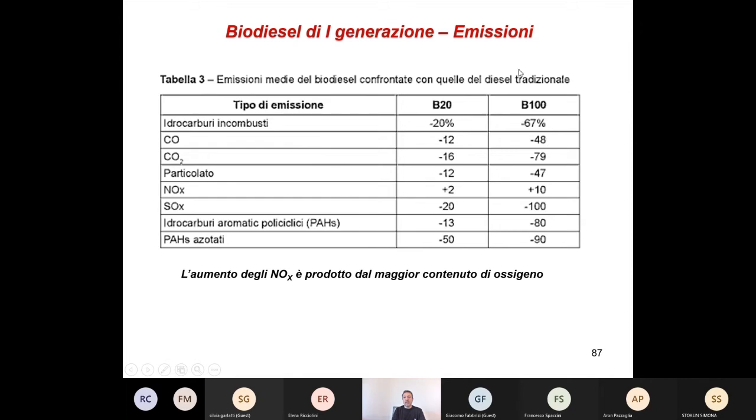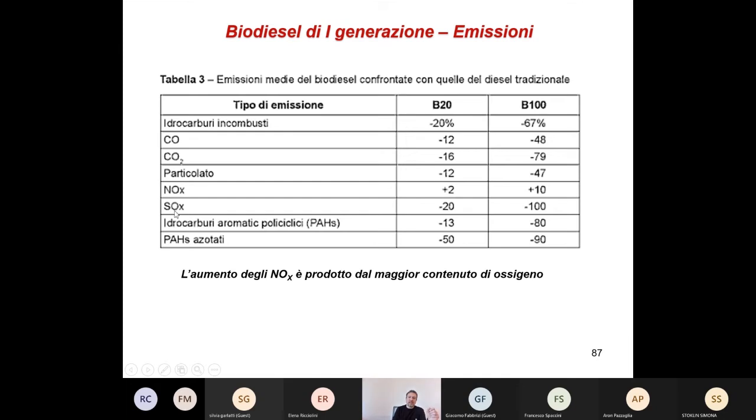Of course, you have fewer unburnt hydrocarbons than when you use diesel, which is a very dirty fuel. You have a very important reduction of these pollutants if you use biodiesel.